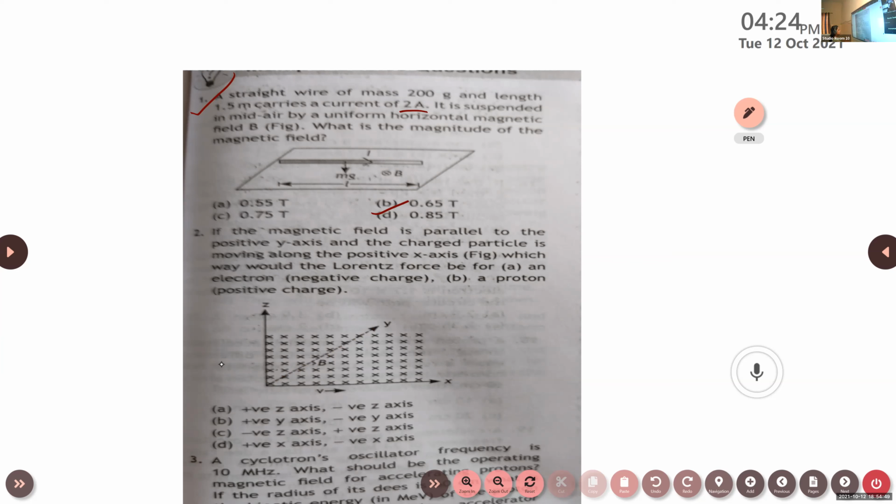The options are positive z-axis and negative z-axis respectively, positive y-axis and negative y-axis respectively, negative z-axis and positive z-axis respectively, positive x-axis and negative x-axis respectively. We want to determine the direction of Lorentz force both for electron and for proton. Think and answer. It's a very direct question.